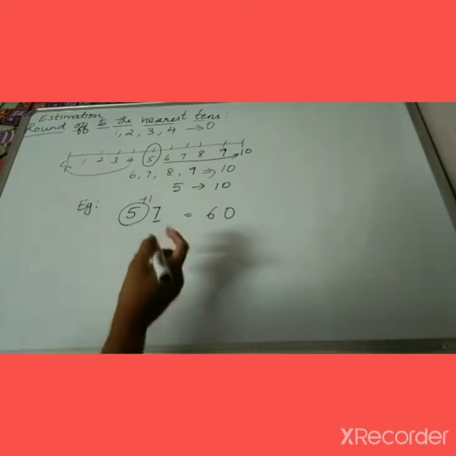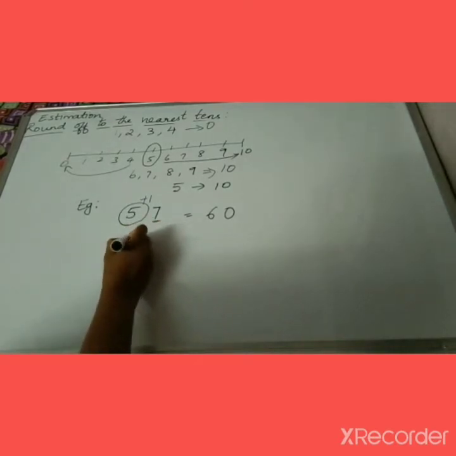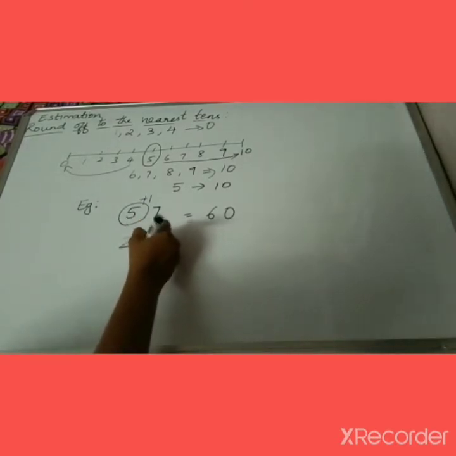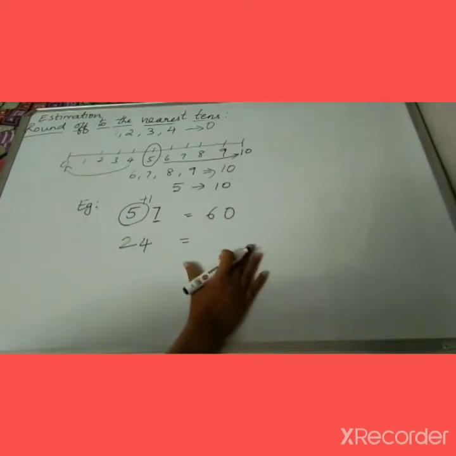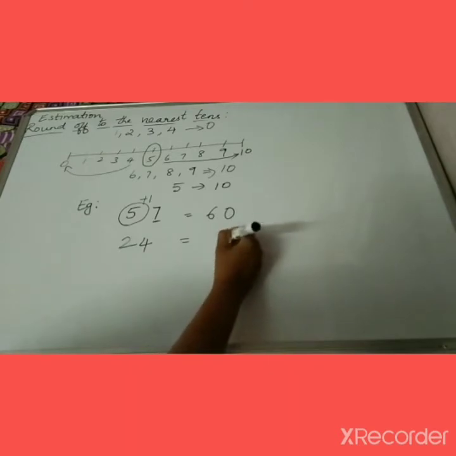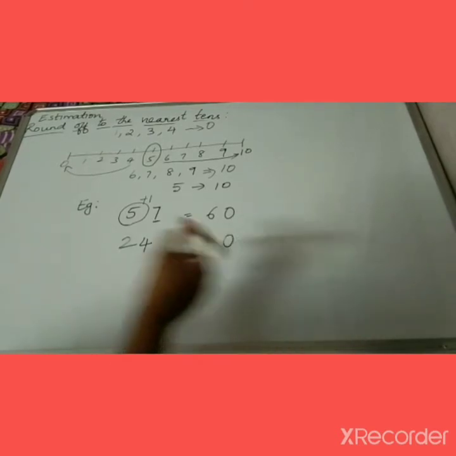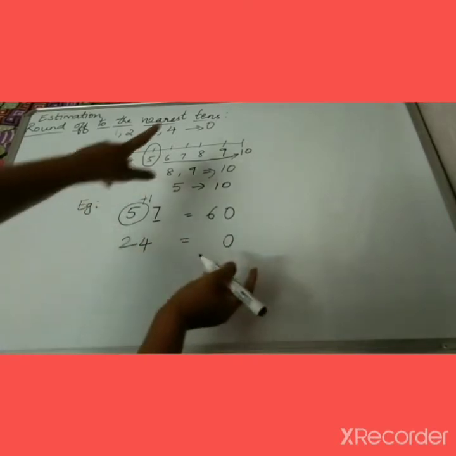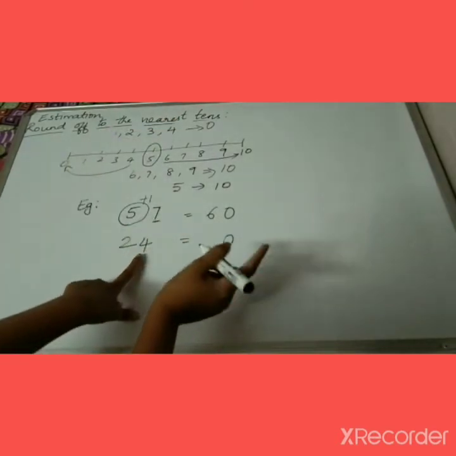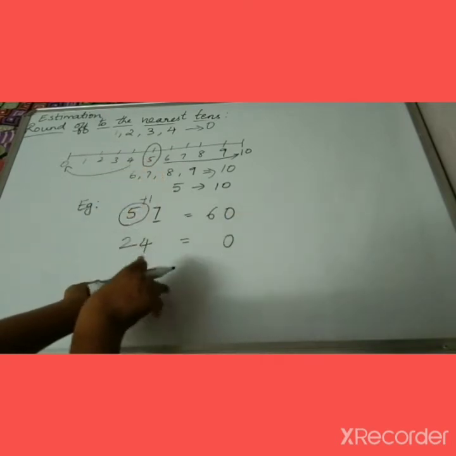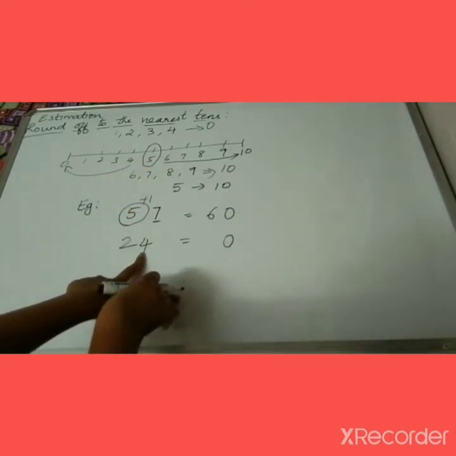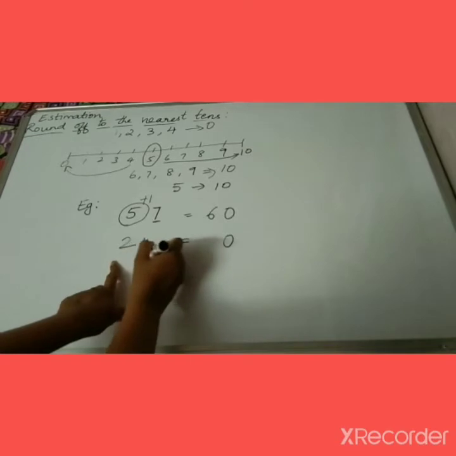Now consider another example, 24. Here in the answer, in the ones place for rounding off to tens, we will have 0. Please remember, for rounding off to tens, you have to look at the ones place.